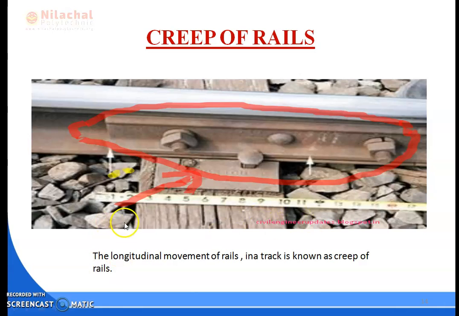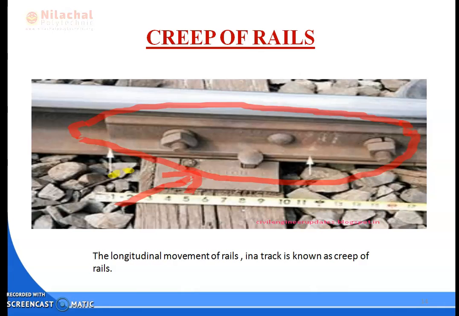This is your rail section and this is your sleeper, and here a rectangular block is provided with a nut and bolt. This is the creeping of the rails portion. Simply understand that the longitudinal movement of the rail in the track is known as creeping of rail.